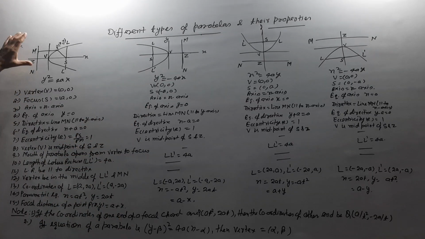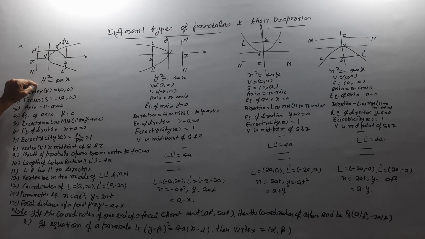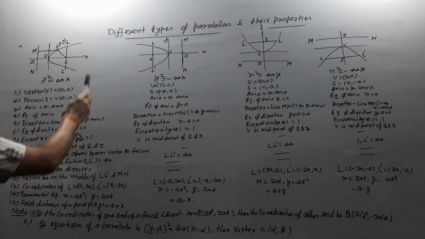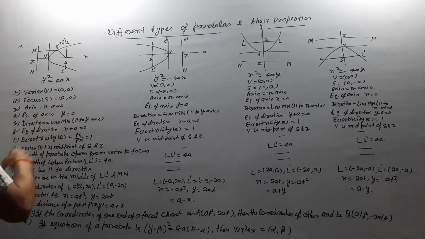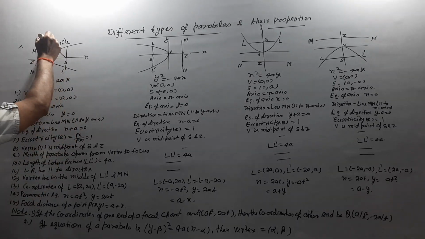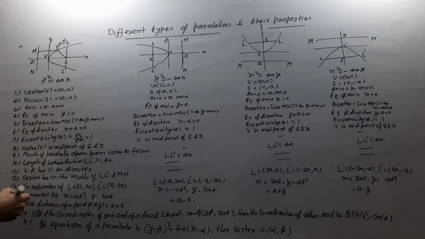First of all, we study y square equals 4x. The shape for this equation is this. This is the curve of the parabola, with the x-axis and y-axis. As we know, the point of intersection of the coordinate axes is the origin, so the origin is the vertex here.